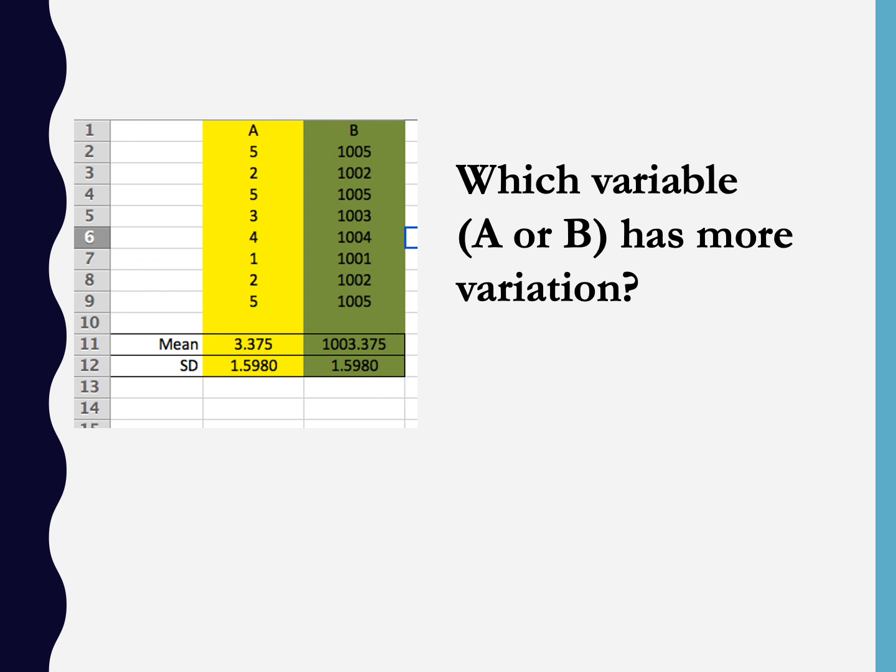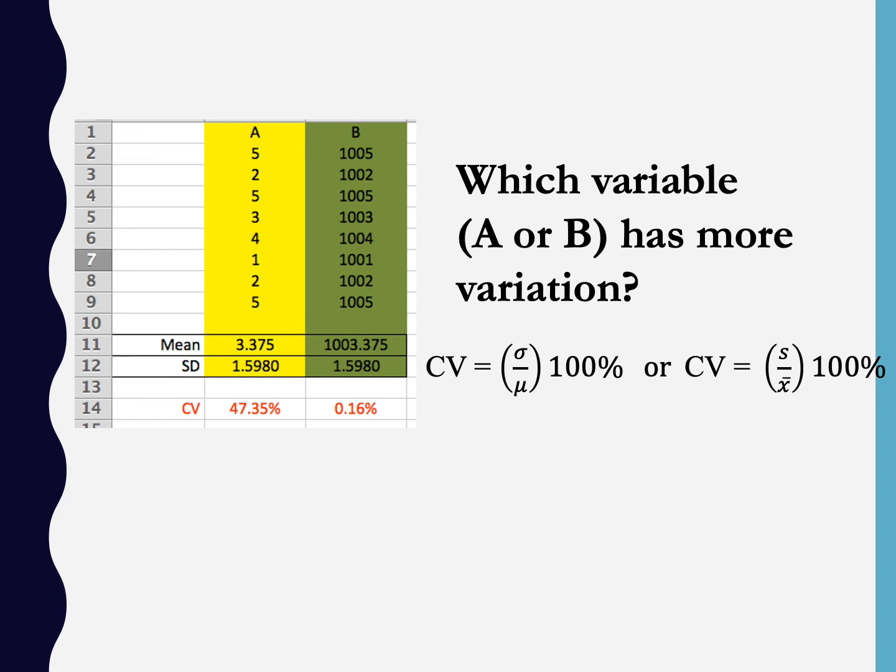Now, to answer this question, what we need to do is to compute for what we call the coefficient of variation, that is the standard deviation divided by its mean. Now, solving for the coefficient of variation for these two data sets, we can see that the coefficient of variation for data A is 47.35%, whereas the coefficient of variation for data B is just 0.16%.